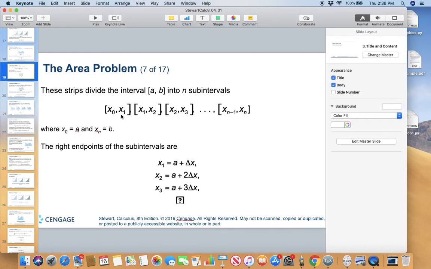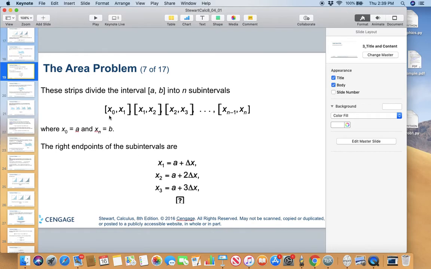What are the right endpoints of each interval? For the first one, it is x1. How do I understand this right endpoint? I take a, that's the first number, x0, and add one width. Likewise, what is the second right endpoint, x2?